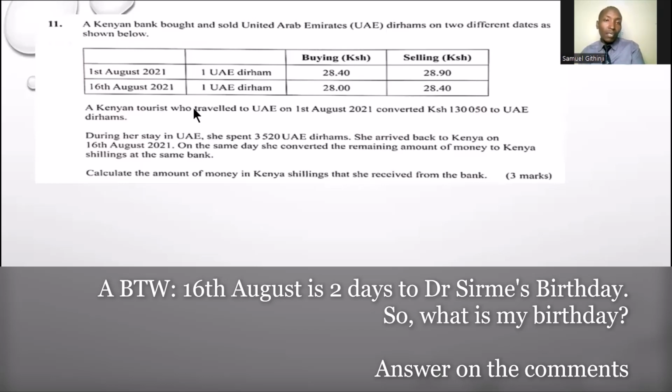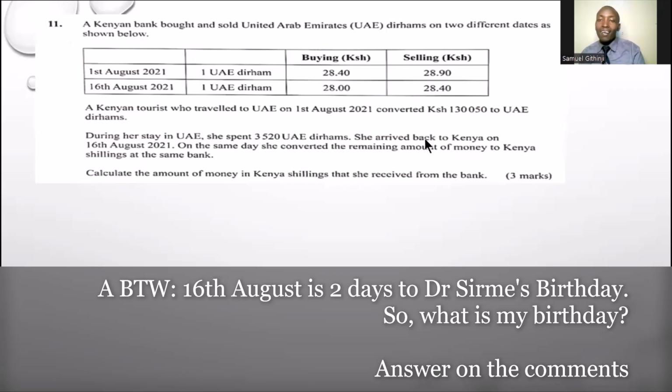Now, there is a Kenyan tourist who traveled to United Arab Emirates on 1st of August. Then he had this amount of money, 130,050 shillings, that he converted to the dirham. During her stay, actually it is a lady, she spent 3520 dirham.